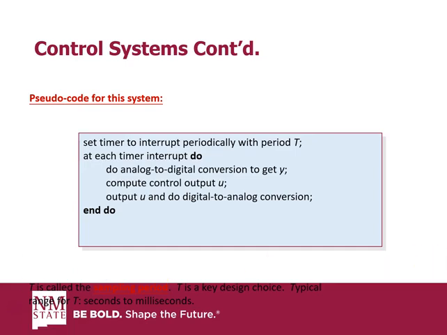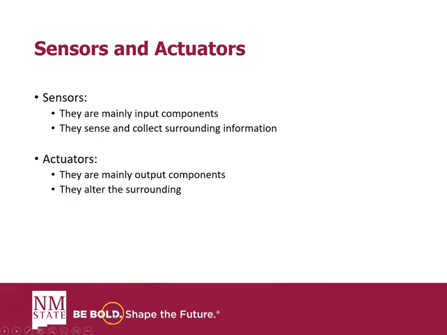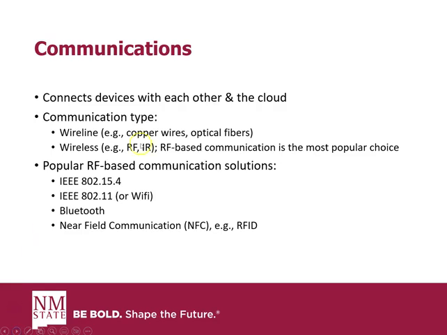This pseudocode provides a clear overview of how a control system operates, highlighting the importance of periodic sampling and the conversion between analog and digital signals. We have spoken about sensors and actuators in a previous class, so please refer to the previous lectures.